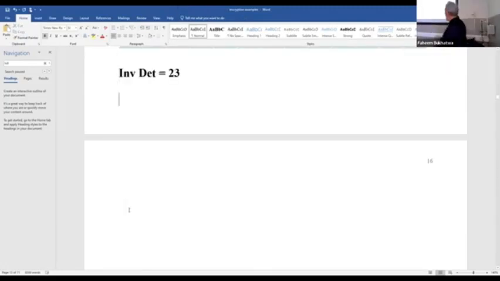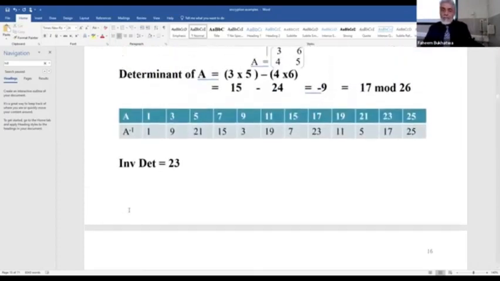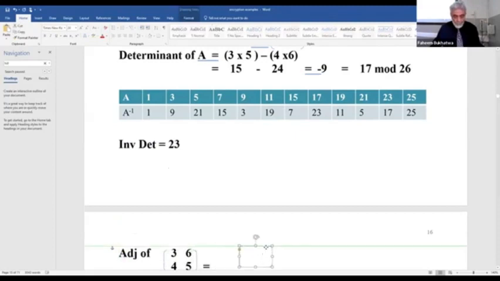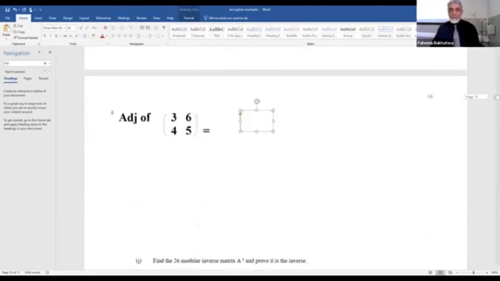So now we need to get the adjugate of the matrix. What's the adjugate of the matrix 3, 6, 4, 5? To work out the adjugate, all you have to do is reverse these two, 3 and 5, swap them, and change the signs of the other two.